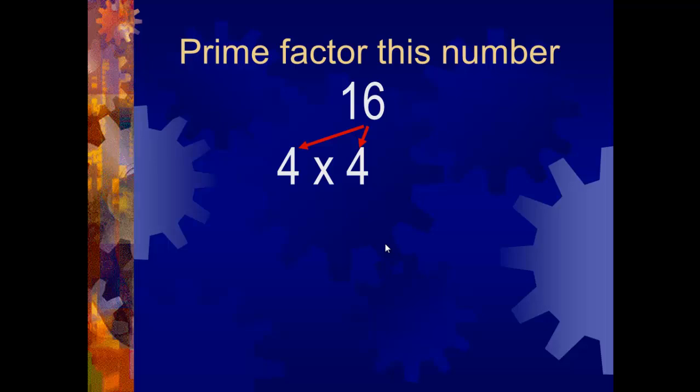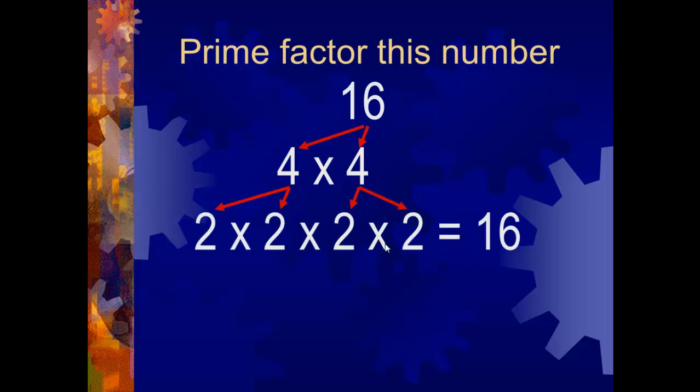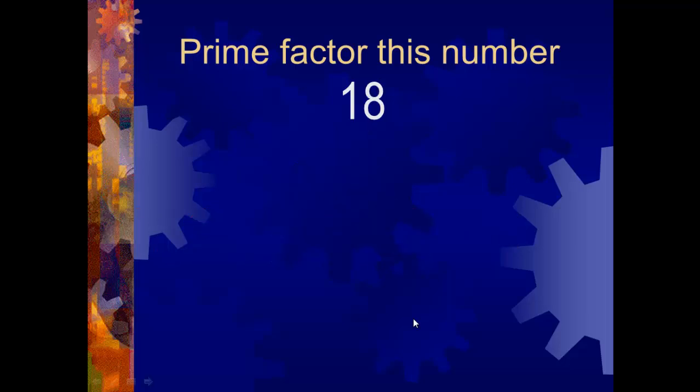So we will break it down into 2 by 2 and 2 by 2. First 4, 2 multiplied by 2. Second 4 is 2 multiplied by 2. So 16, its prime factors are 2 by 2 by 2 by 2. Prime factor this number, 18.